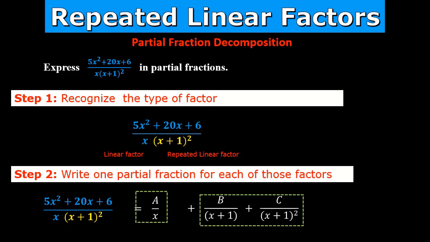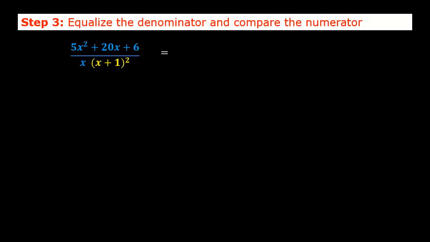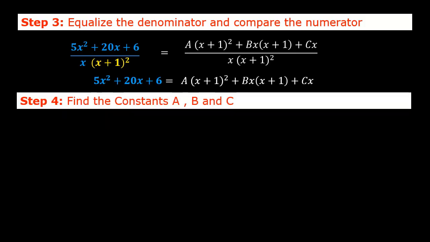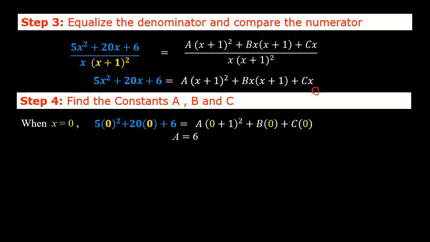This one must be done in pairs. After that, in step 3, I equalize the denominators and compare the numerators for both sides. To find the constants A, B, and C, I prefer to use the substitution method. I may choose the value 0 because I notice that there is x in the numerator here. I substitute both sides to get A equal to 6.